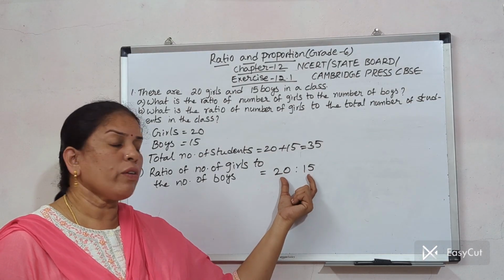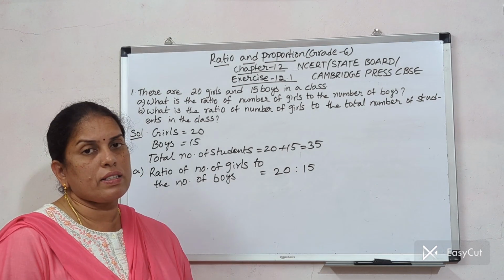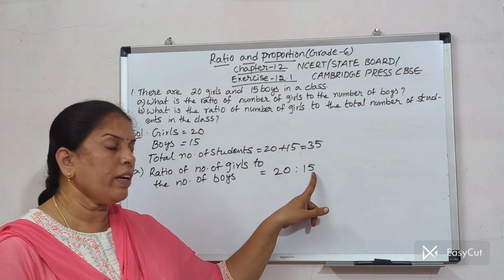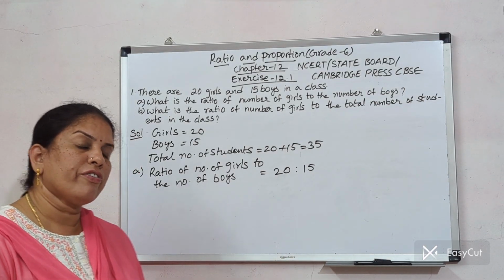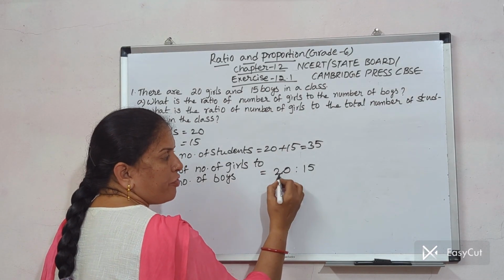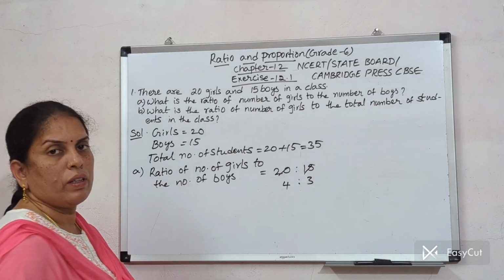You must divide the two numbers. What is the common factor of 20 and 15? Which table does it divide with? It divides with the 5 table. 5 4s are 20, 5 3s are 15. I am dividing 20 and 15 by 5. So, 5 4s are 20 is to 5 3s are 15.